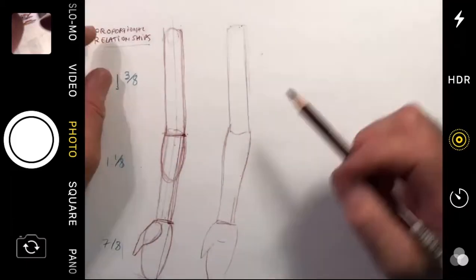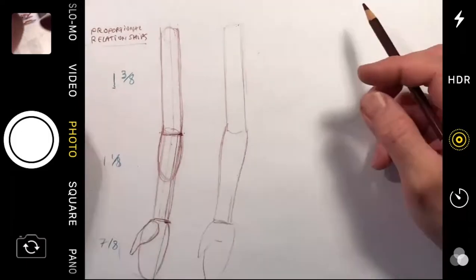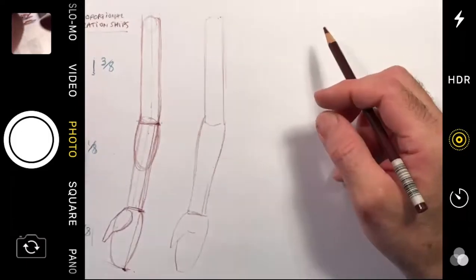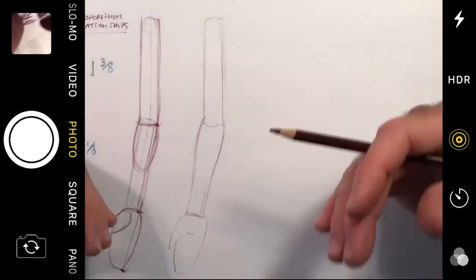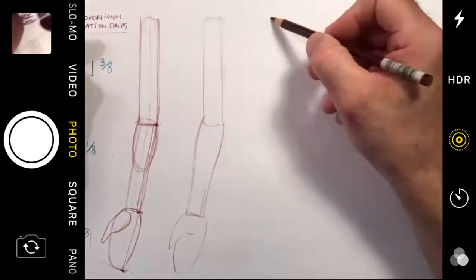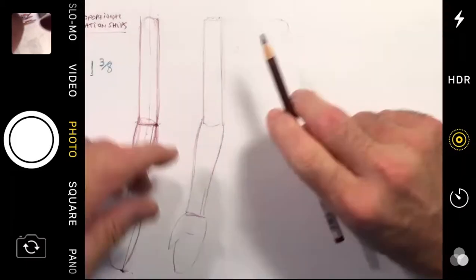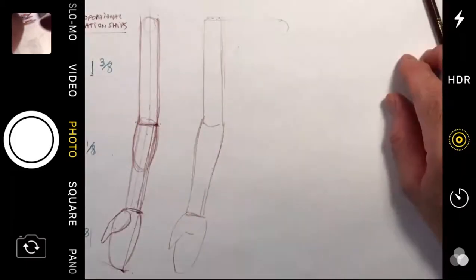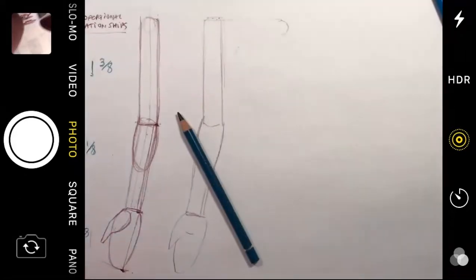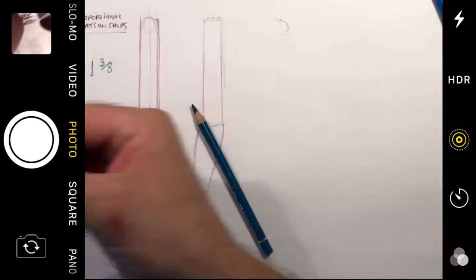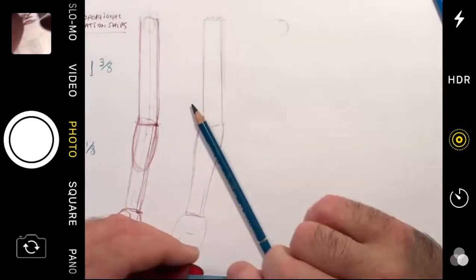So now let's look at the skeleton, right? And then we're going to mount the skeleton. So let's repeat it. We have the measurement here. I'm going to block in the head of the humerus. Actually, I'm going to draw it with blue, or blue-gray, so we can see a better difference between the muscular layers and the skeletal layers, the skeletal structure.